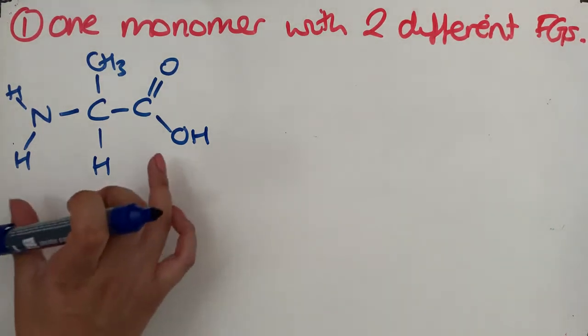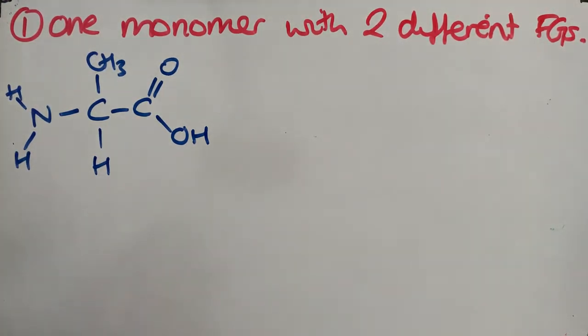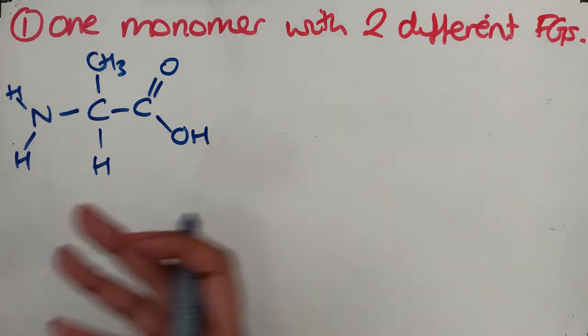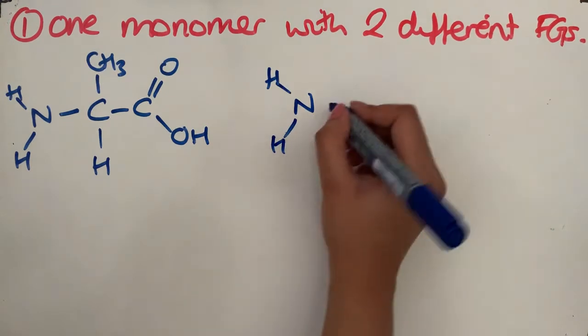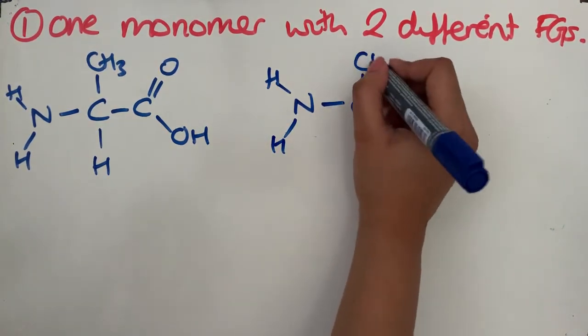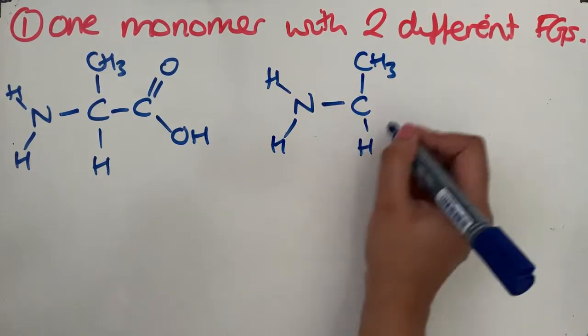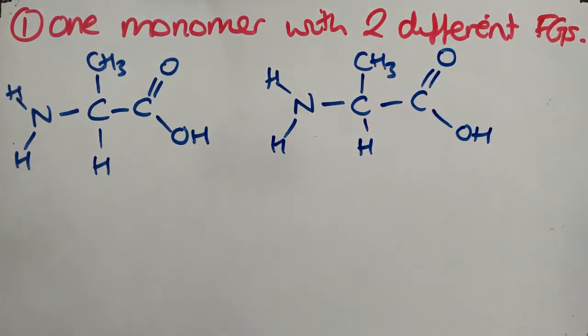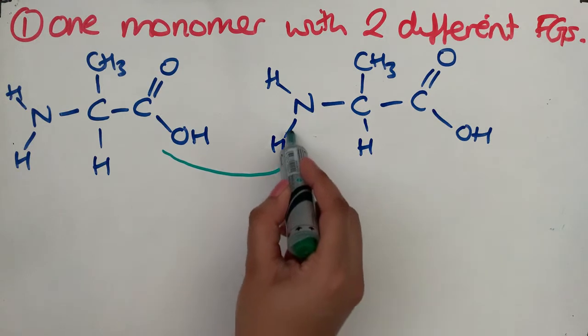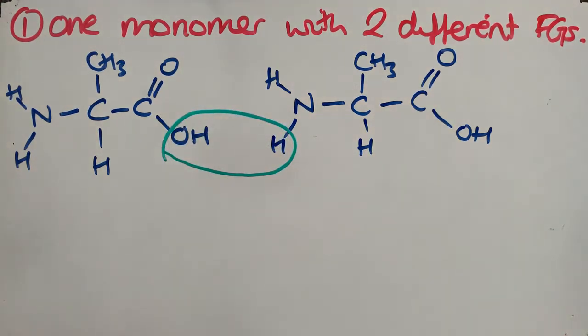So because this monomer has two functional groups in it, it can react with another molecule of itself. So I'm just going to draw the same thing out again. Like that. And when we form an amide, we are going to have to release a water molecule, and hopefully you can see that the water molecule will release here when the carboxylic acid reacts with the amine part.